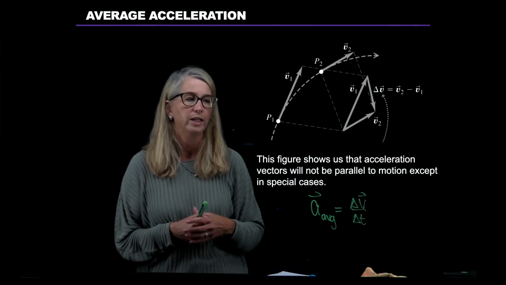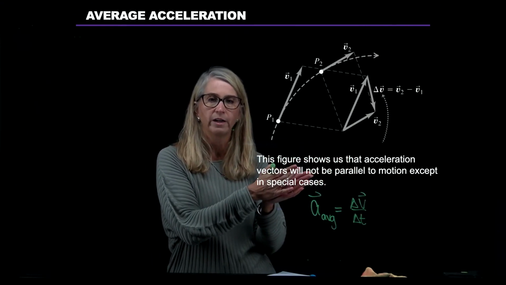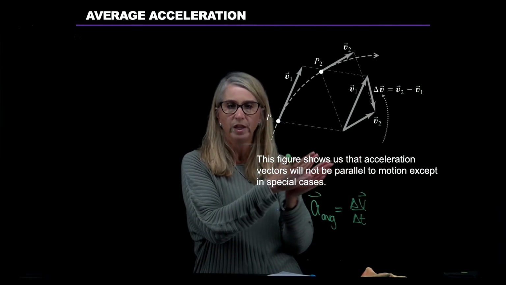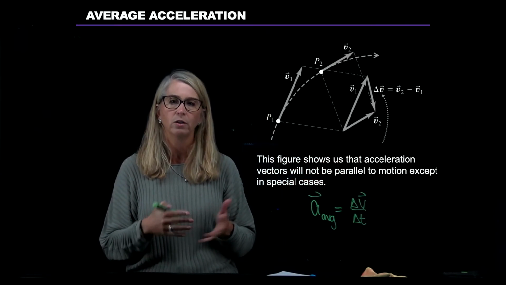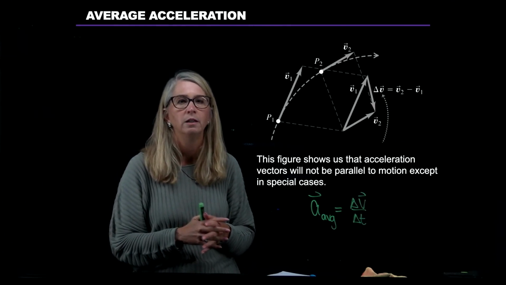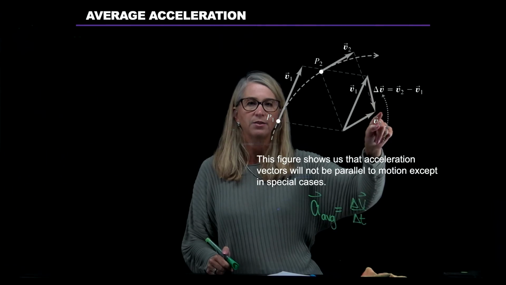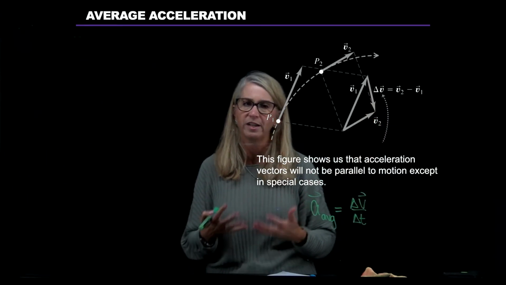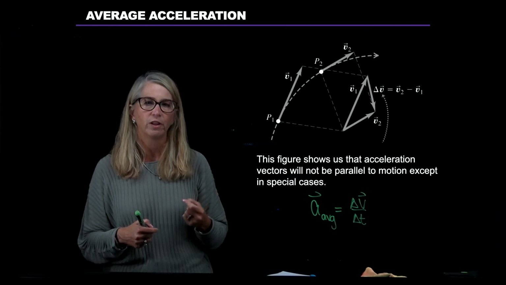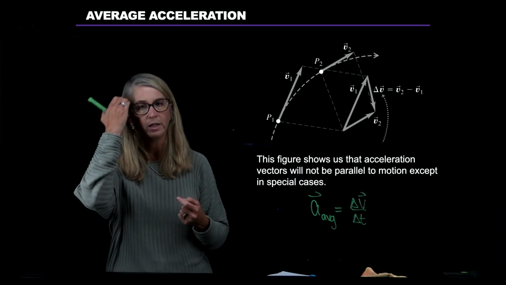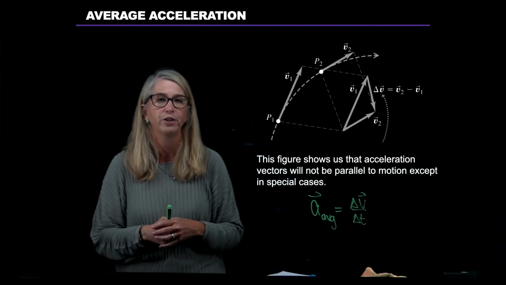Now, what they did right here is they brought the two velocity vectors together, sort of moved them in space. They still have the correct orientation or direction, so that we could show the change in velocity. And what I want you to take note of right here is that the change in velocity is going to be determining the direction of the average acceleration.